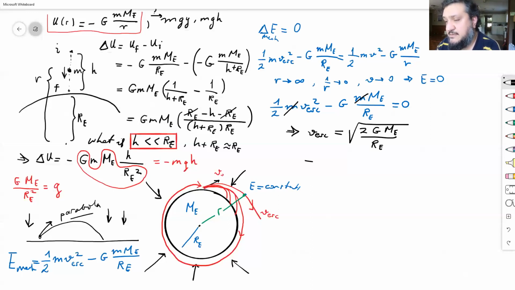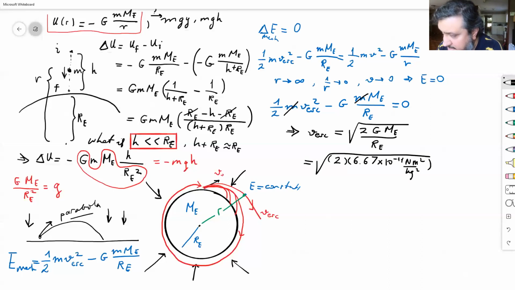Let's find this in numbers. G is 6.67 times 10 to the negative 11 newton meter squared per kilogram squared, times Earth's mass. I remember it was 10 to the power 24 kilograms.